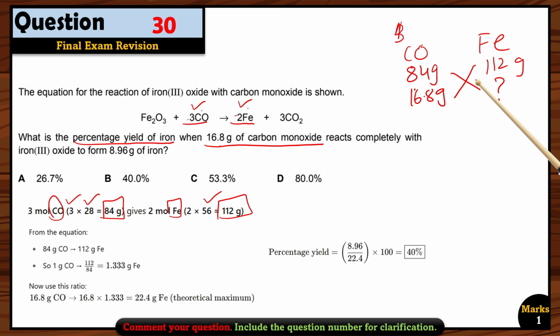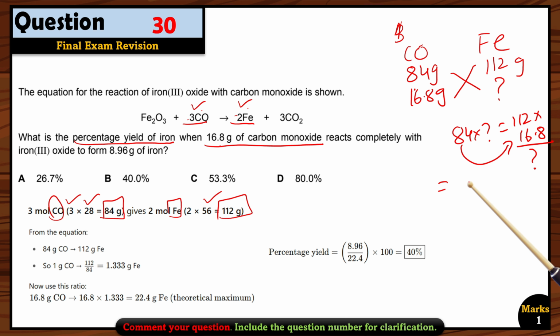We just have to reshuffle these, multiply 112 by 16.8, and then divide by 84, and the answer will be 22.4 gram of the iron, right? So we are getting 22.4 gram of the iron.